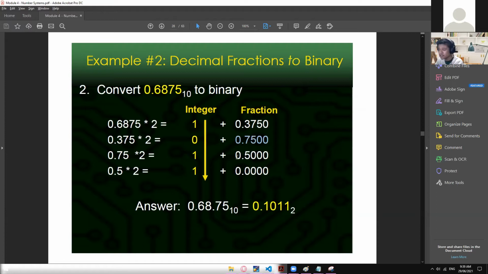You already know that this is the last one that you have to multiply, because 0.5 times 2 is equal to 1 and the fraction part is already 0. It's an indicator that this is the final multiplication that you need to do. Once this one is 0, then you can read the integer part from top to bottom. So 1011 base 2.